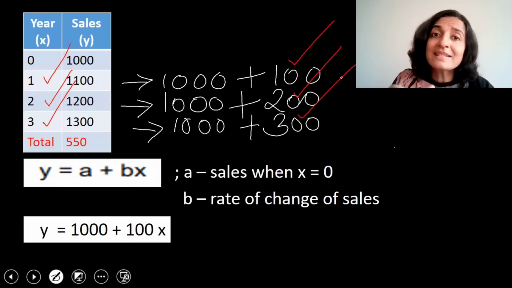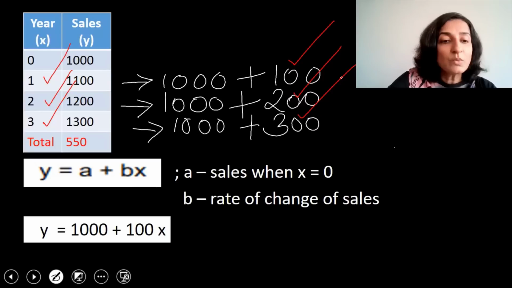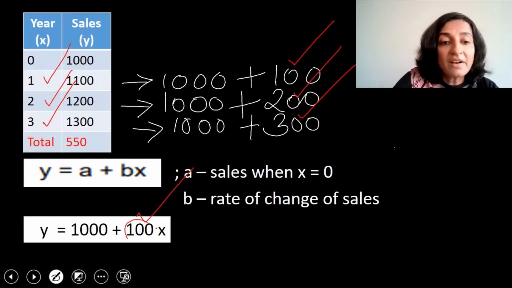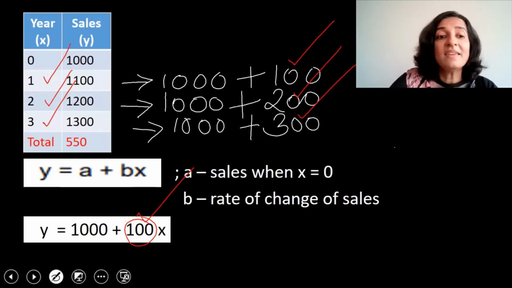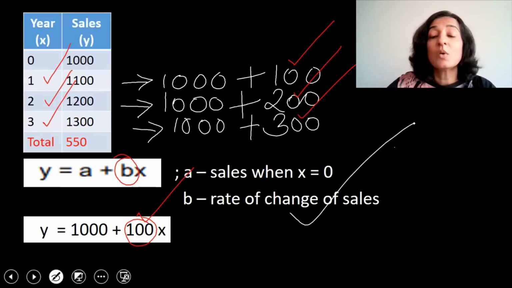It is 100 times the number of years, correct? 100 into X. So that is what is written here, 100X, where 100 is the rate of change and it is known by the alphabet B. B is nothing but the rate of change of sales when the value of X changes.